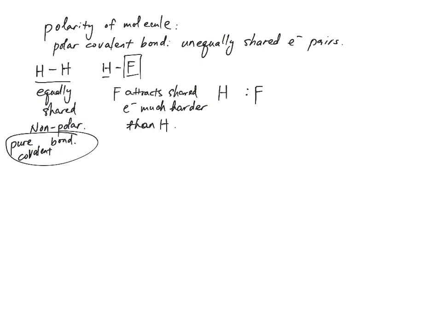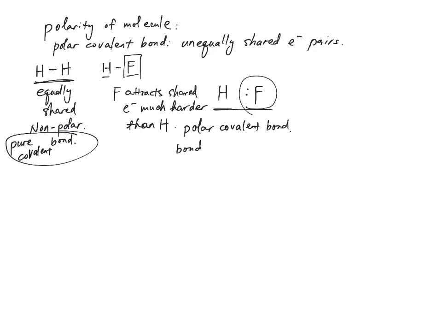Unequal sharing is like we bought the car together, but you're driving it all the time, and I rarely see the car. Whenever you have this type of unequal sharing, we say this bond here is a polar covalent bond.